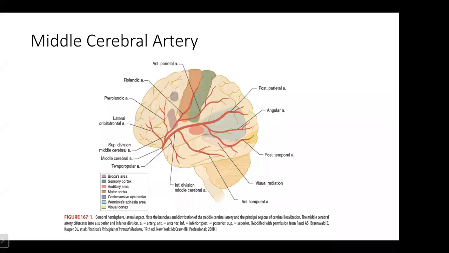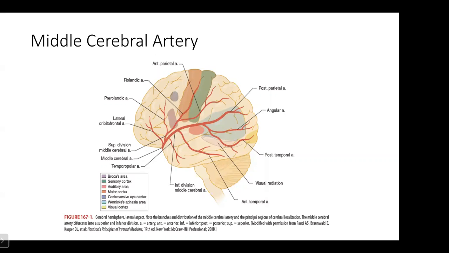The inferior division gives the branches anterior temporal artery, posterior temporal artery, angular artery, and posterior parietal artery. Similarly, the superior division gives the branches lateral orbitofrontal artery, Rolandic artery, and anterior parietal artery.